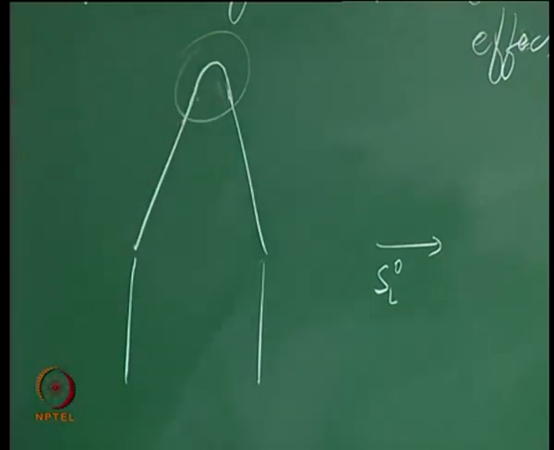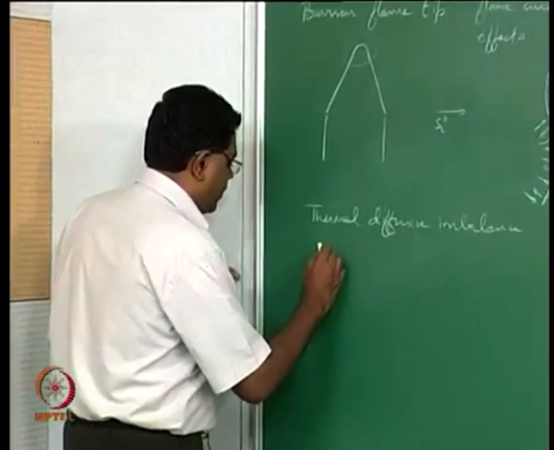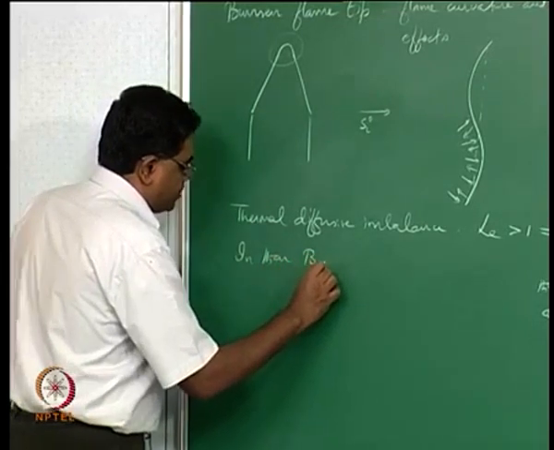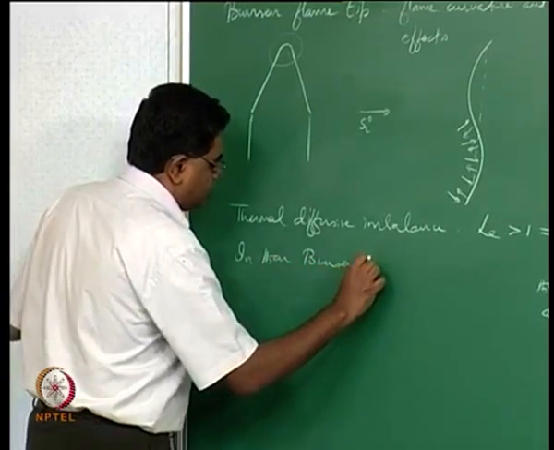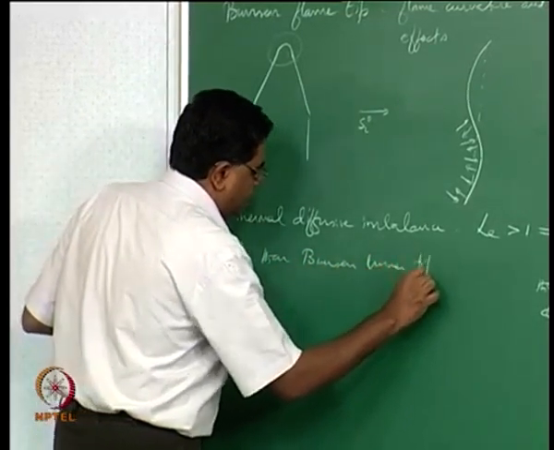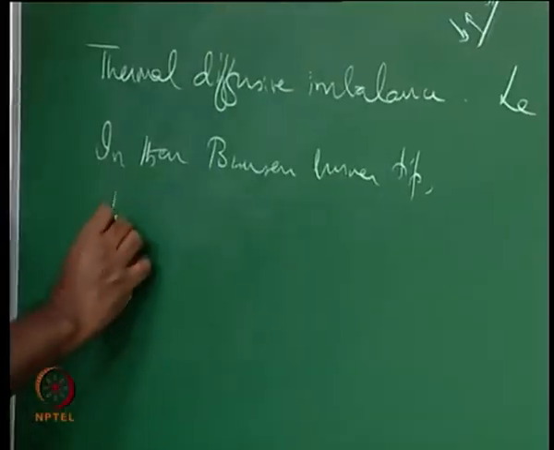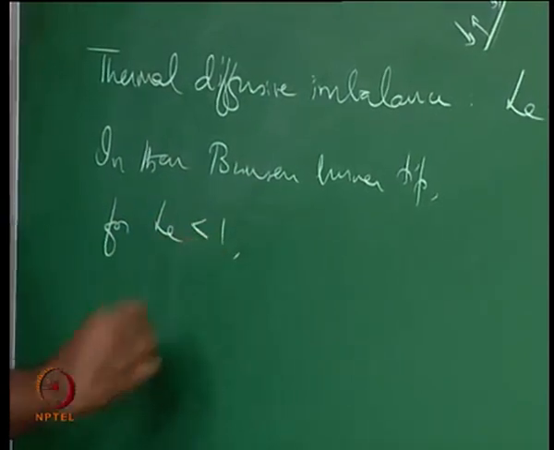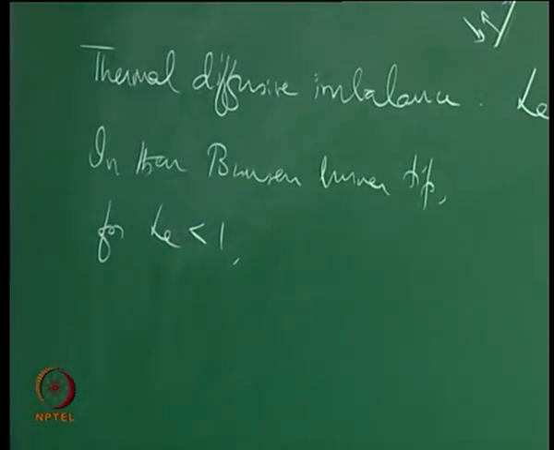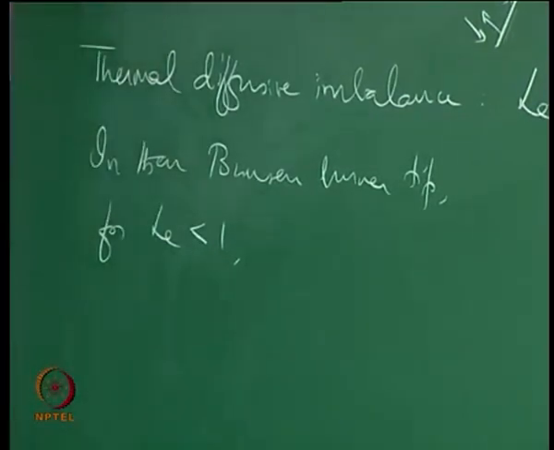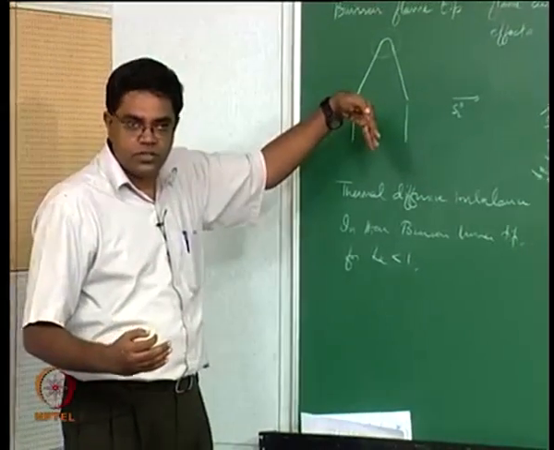But if you now have, at the Bunsen burner tip, Le less than 1, you now have a greater extent of deficient species depletion happening when compared to the extent of upstream heat conduction.